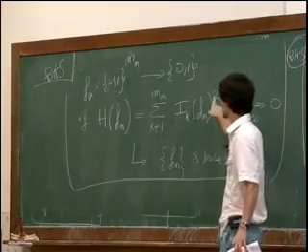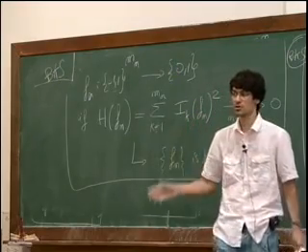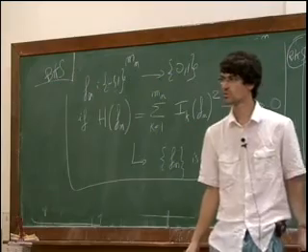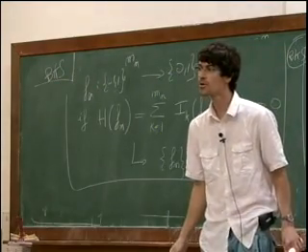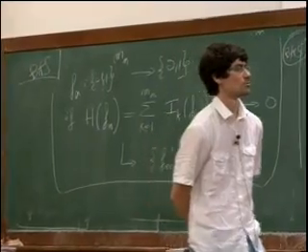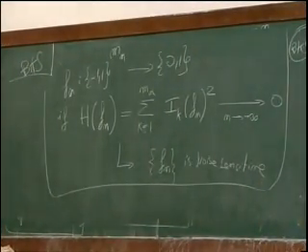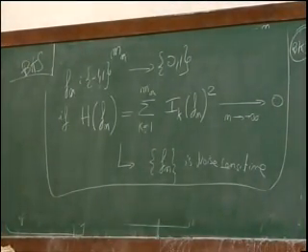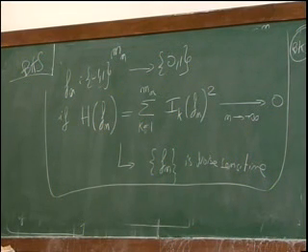So if you take 2 minus epsilon, why do you use the fact that it's 2? What do I use? That's a good question.